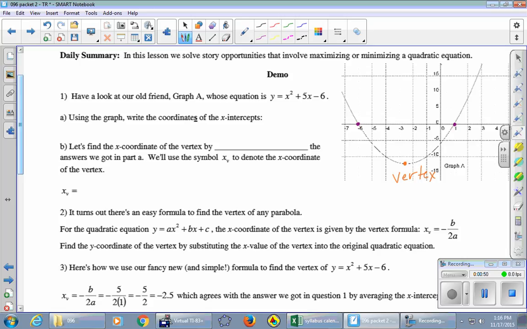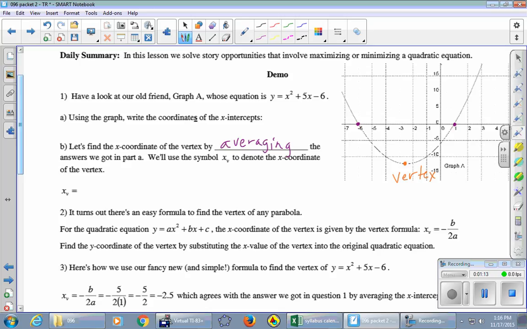Looking for a word as opposed to a formula at this moment. Yeah, we average those guys, right? We know that the vertex is right halfway in between the x-intercepts. So we find the x-coordinate by averaging the x-intercepts.